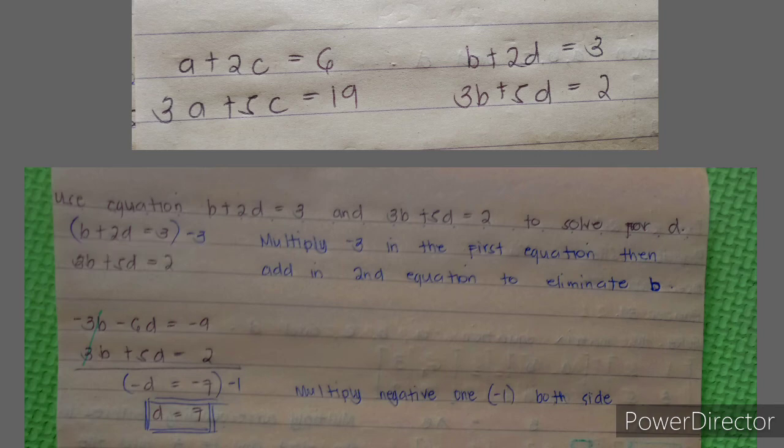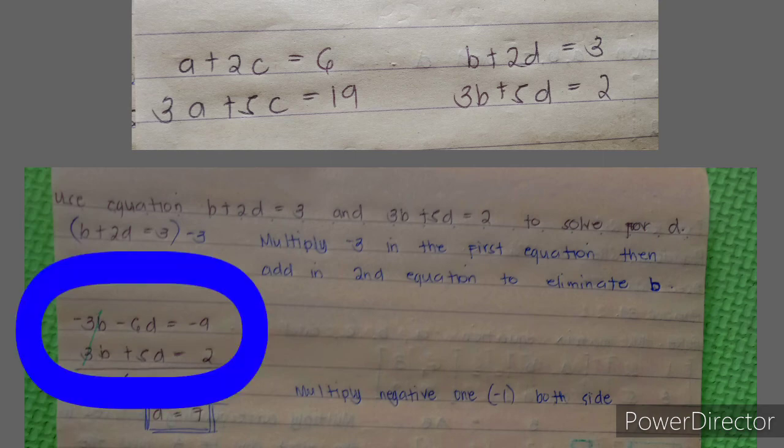We get negative 3B minus 6D is equal to negative 9. Then, add the new equation 1 to equation 2, where negative 3B minus 6D is equal to negative 9 plus 3B plus 5D is equal to 2.